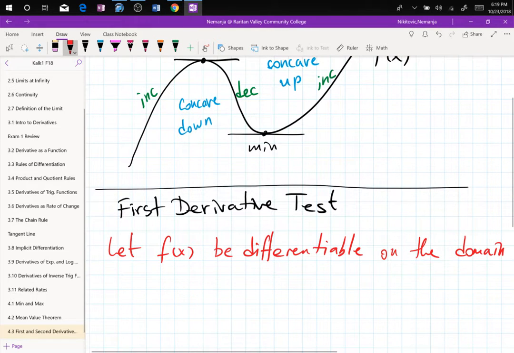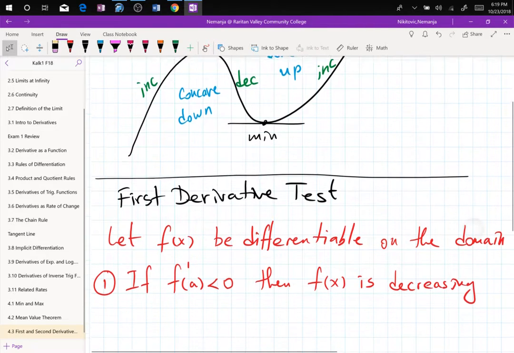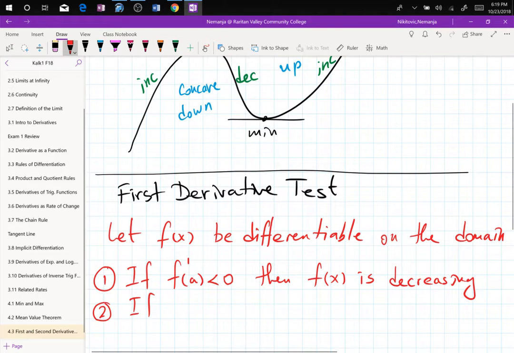And now what you do is you say, number one, if f prime computed at A is less than 0, then f of x is decreasing. If f prime of A is larger than 0, then f of x is increasing.